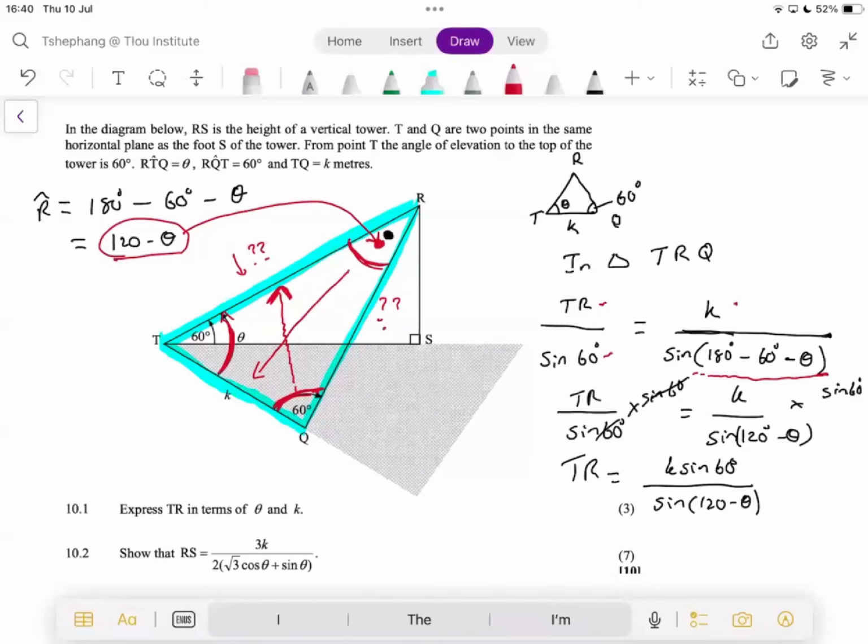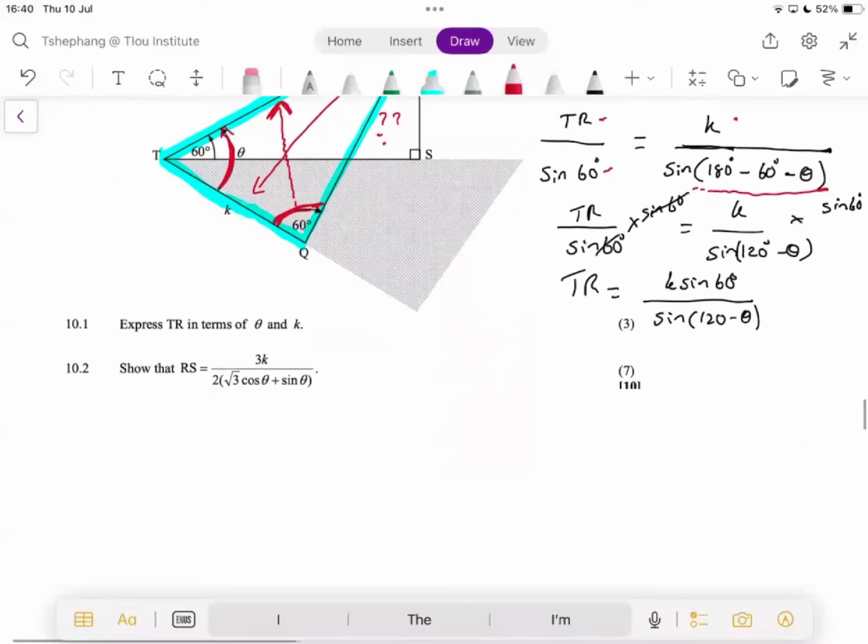Okay, now once you have that, you can simplify TR over sine 60 is equal to K over sine of 120 minus theta, right? And then from there, you simply multiply both sides by sine of 60, right? If you don't want to use the both sides one, if that's confusing, I see there's a question. So think of it this way, you cross multiply.